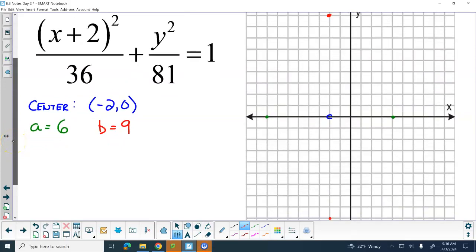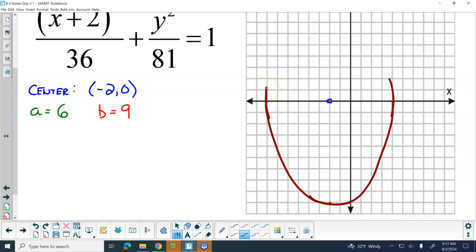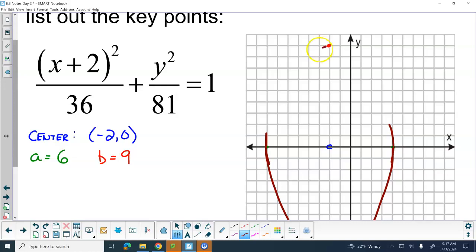Now we can draw it in. Not the best one, but it'll work.